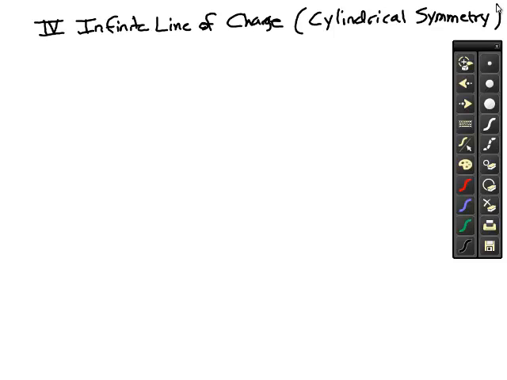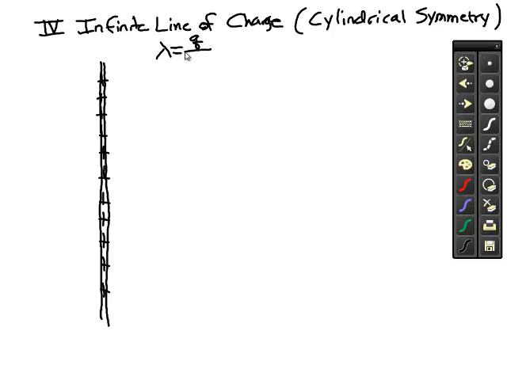Okay. Suppose we've got a line, like a string or something, and it's really, really long. And we put some charge on it. And the charge density, remember, is charge per unit length.